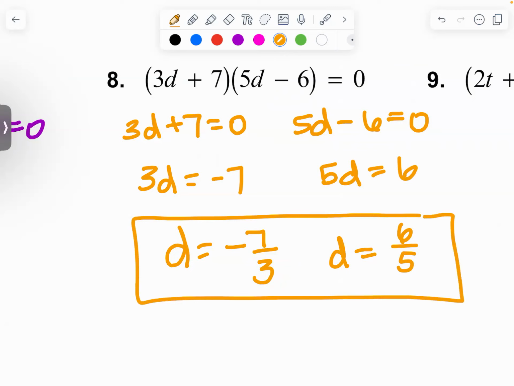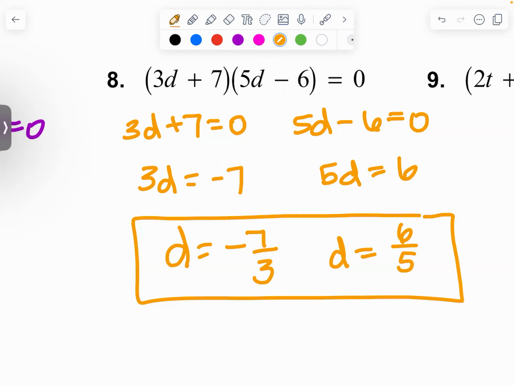This is how I want you to leave your answers. I thought you like simplify. Do you know that 7/3 is 2 1/3? Great. We don't need to write it. So in algebra, mixed numbers really don't help us.